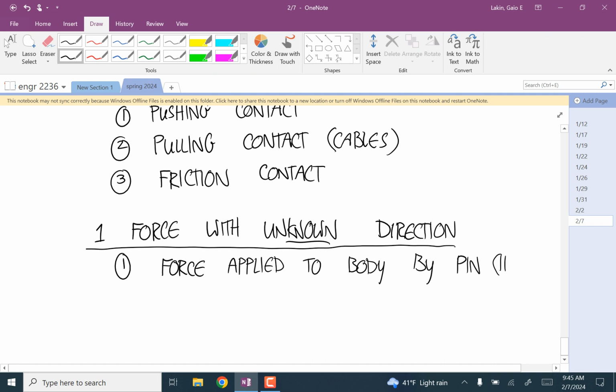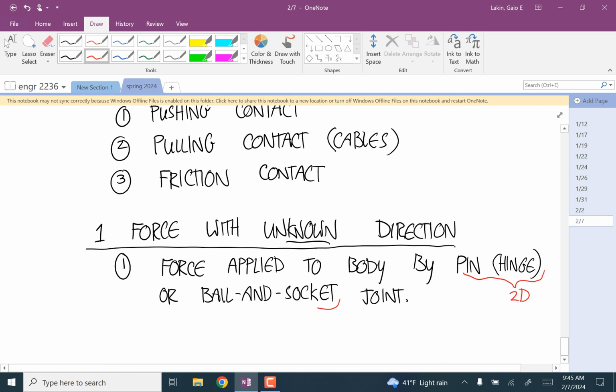You can also think of that as a hinge or a ball and socket joint. This would be if you're doing a problem in 2D, and a ball and socket would be if you're doing a problem in 3D.